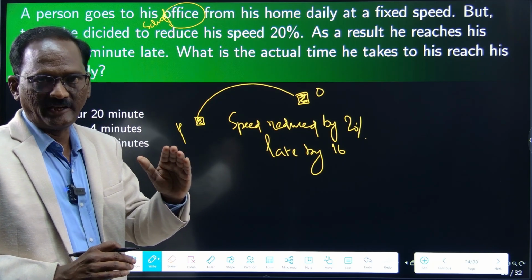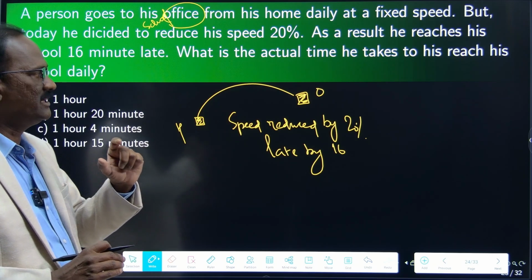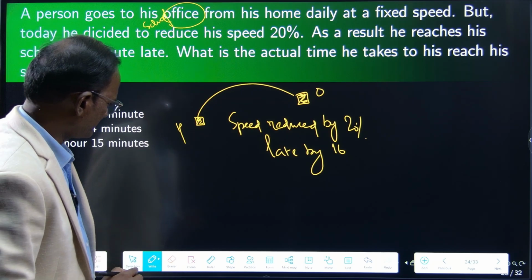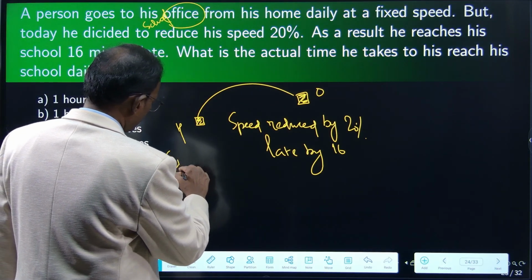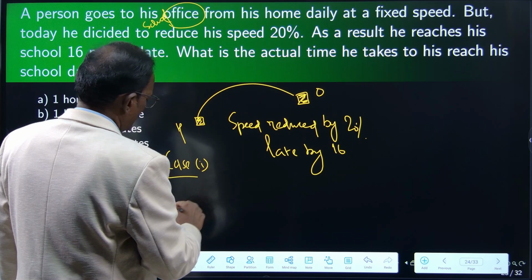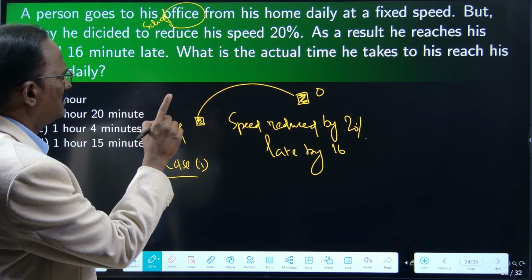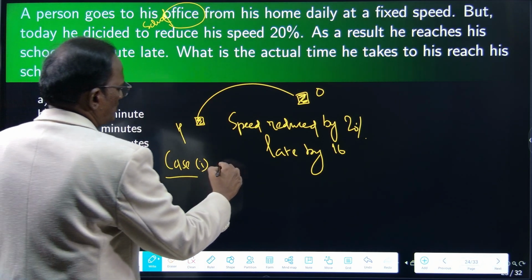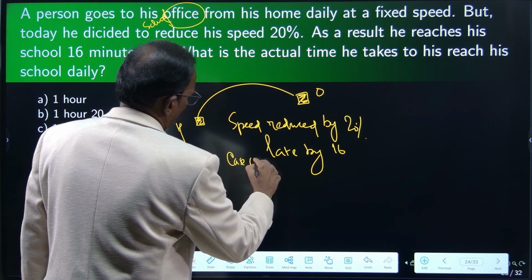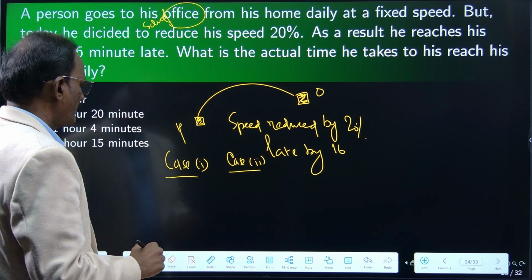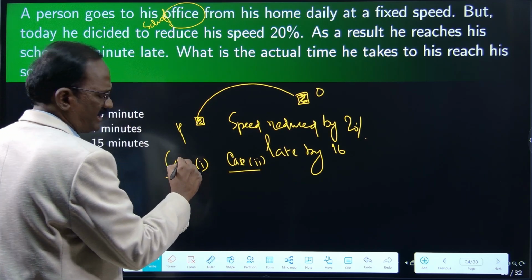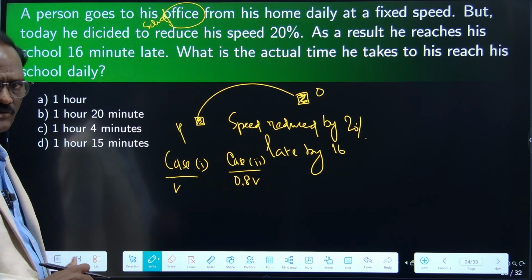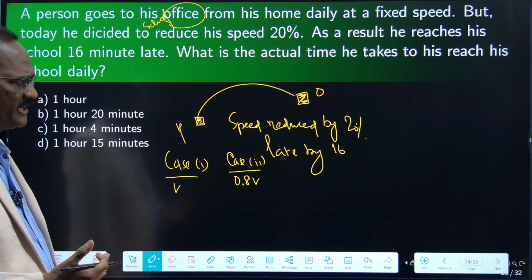Daily he has one speed. On that particular day, he is reducing the speed. He is slowly walking. So, two cases. Case 1, the time he takes, right? Case 2, with reduced speed. So let us say this is v, reduced speed will be 0.8v, 20% reduced, right?